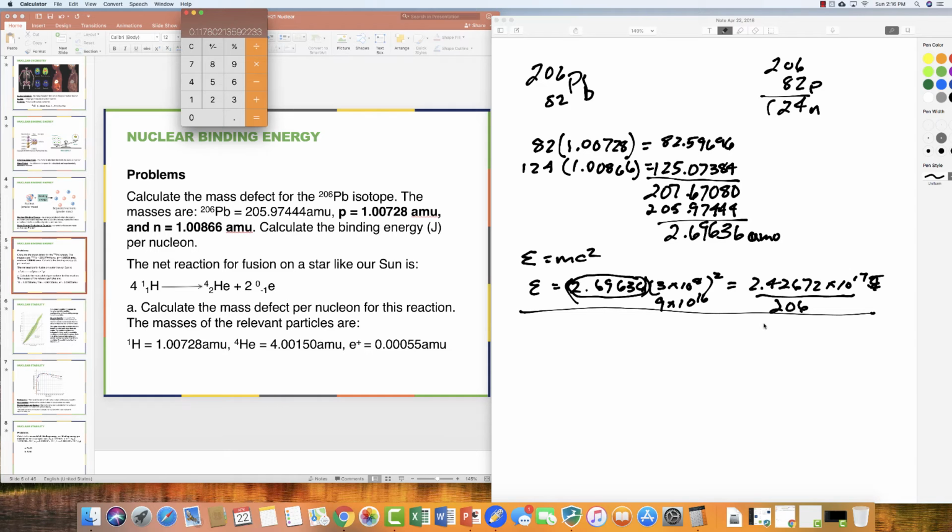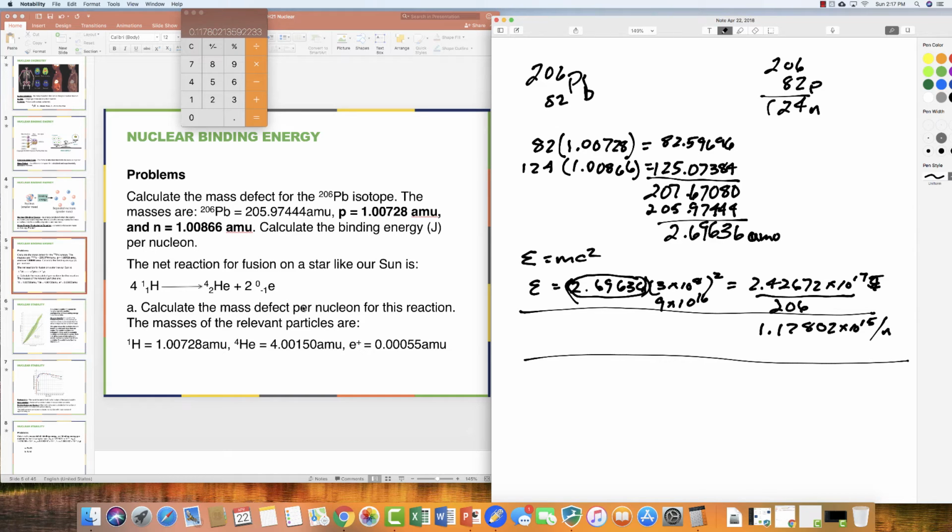And so we're going to get 1.17802 times 10 to the 15 per nucleon. And so that's the energy involved per nucleon, which is quite high.